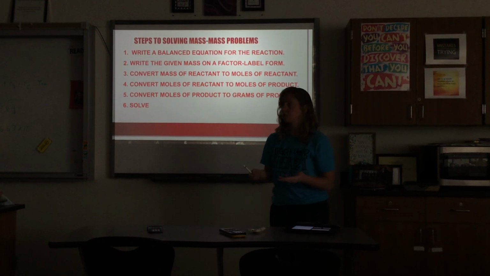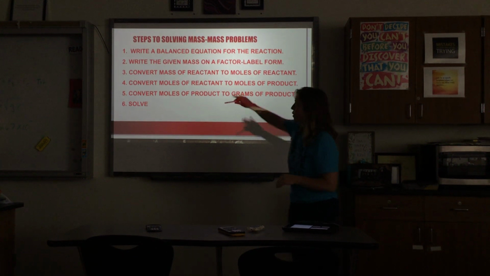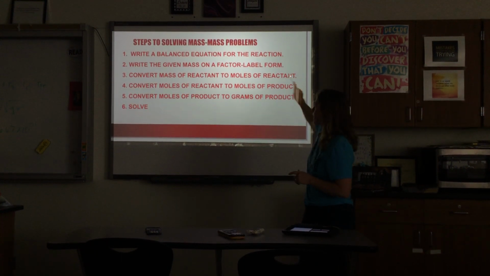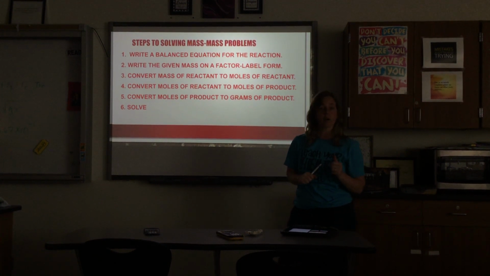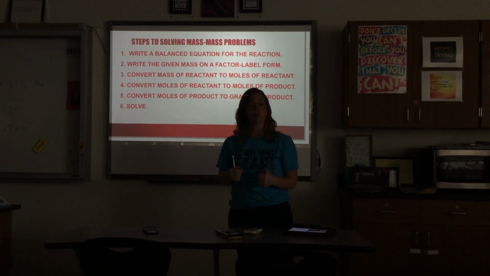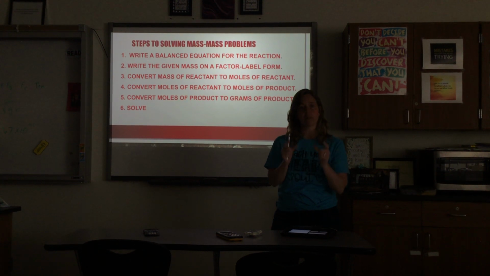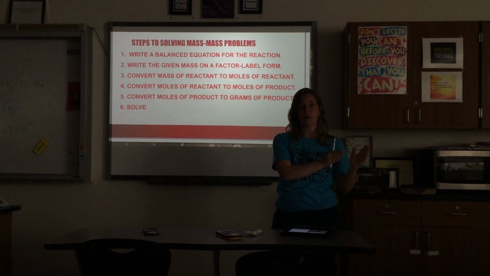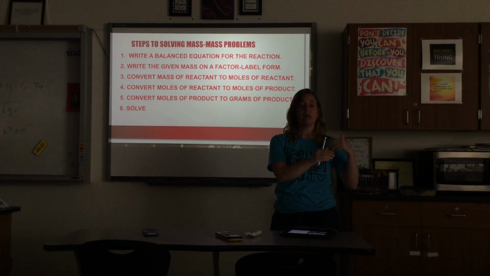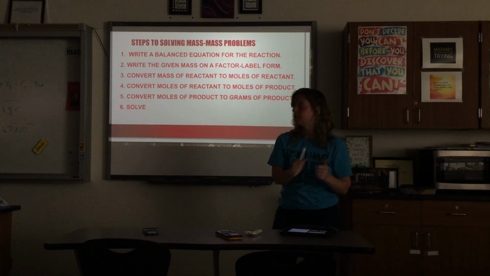That's what they mean by factor label form. Okay? Third step, you're going to convert mass of reactant to moles of reactant. So this is where you're going to take the grams given in the problem, and you're going to convert that to moles by using the molar mass of the given compound. Remember, molar mass was where we take the atomic masses from the periodic table and you add up how many you have of them. Okay?